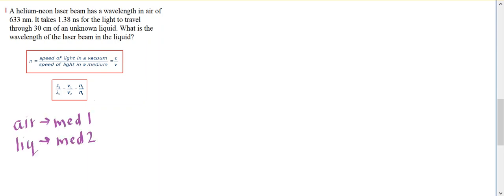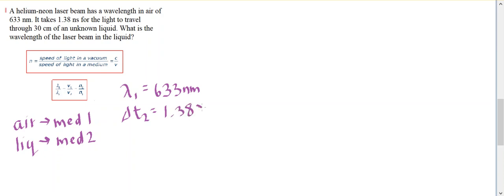So we have the wavelength of medium 1, 633 nanometers. We have the time in medium 2, 1.38 nanoseconds.